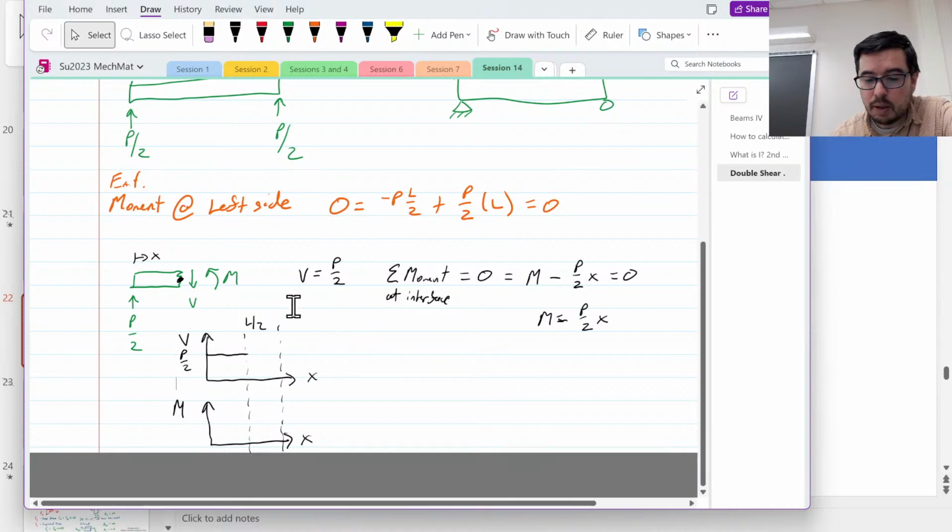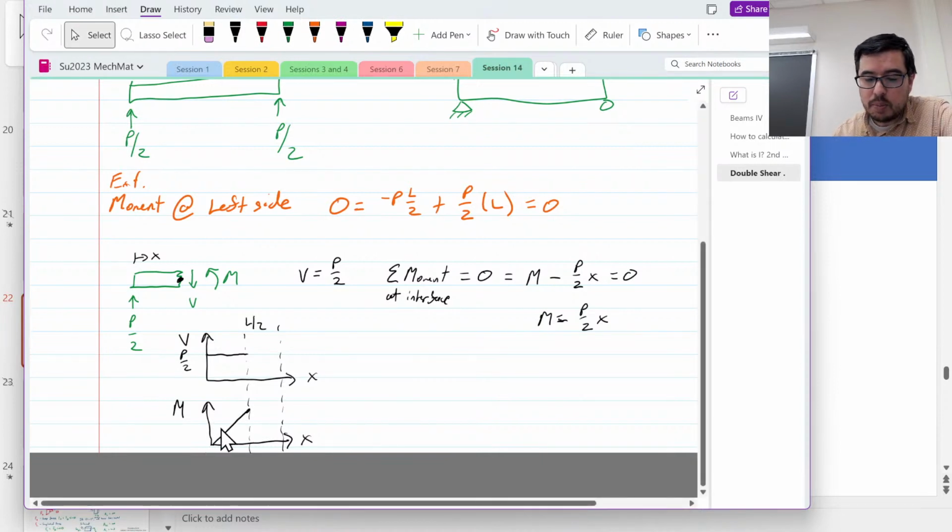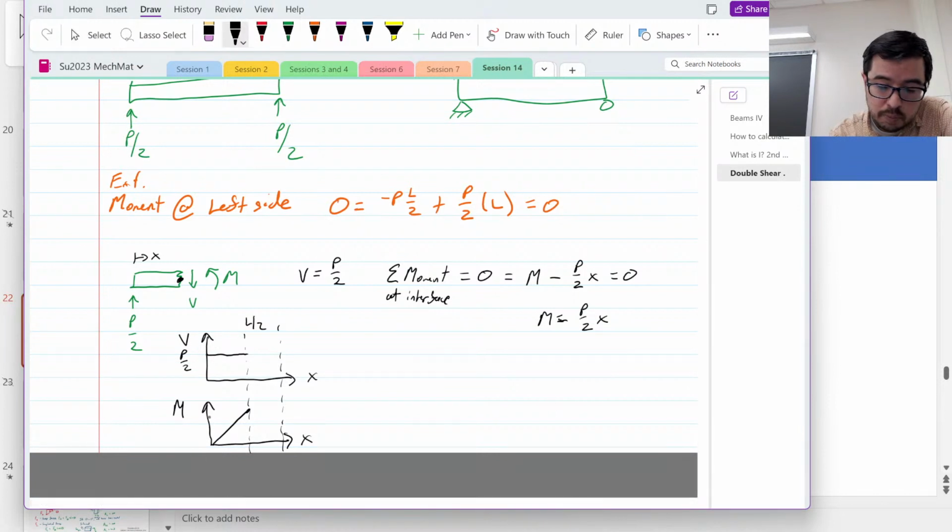That's what we calculated here. And we have an expression P over 2 times X. So this goes up with some slope. That slope is P over 2, which means that when I get to L over 2, P over 2 times L over 2 is going to be PL over 4. Just like that. And that's that value.